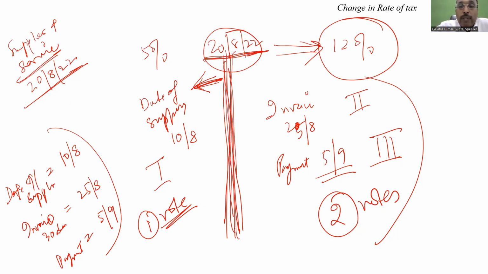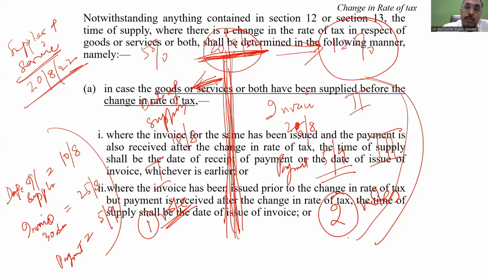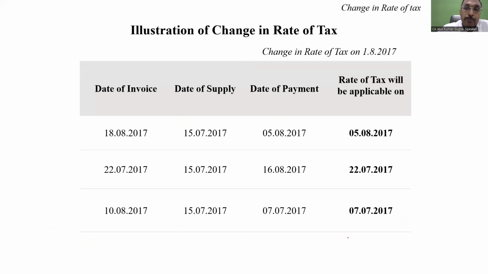Whenever there is a change in rate of tax, mention on top of the vertical line the date when the rate got changed, and on the left and right hand side mention the three events. Whichever side gets the maximum votes, that rate will be applicable. I try to give you this with the help of an example also.